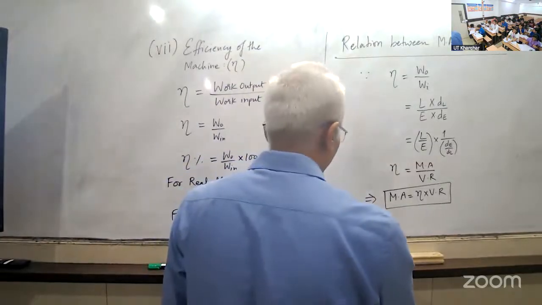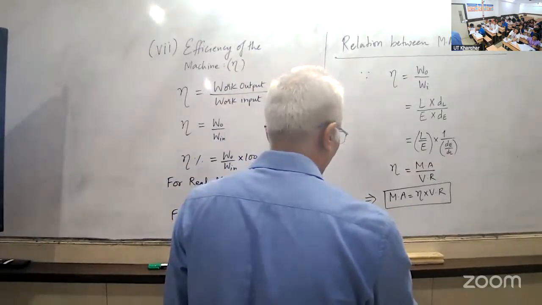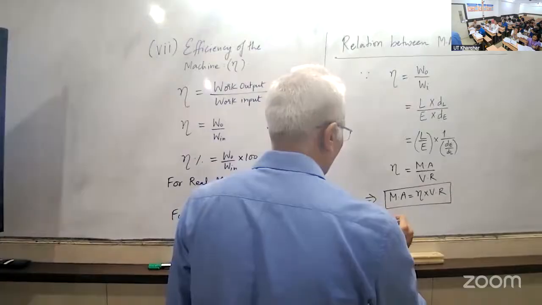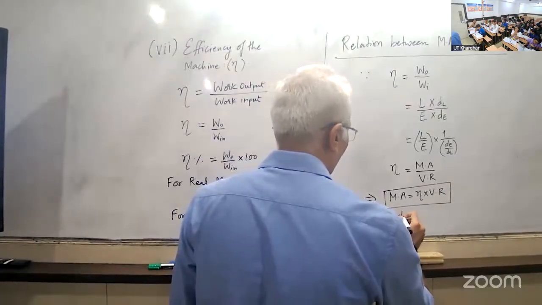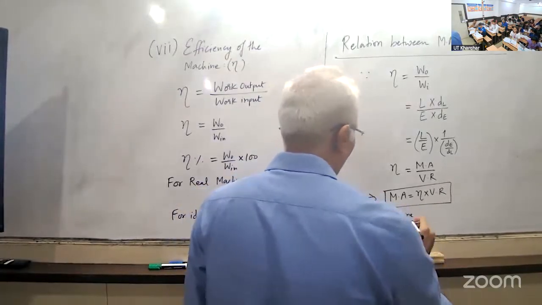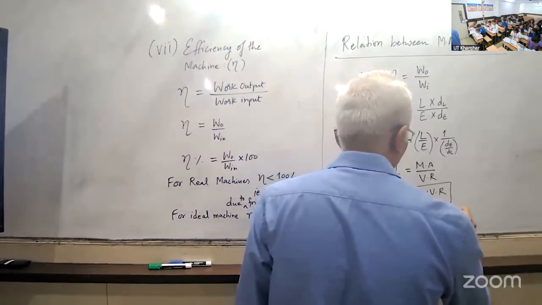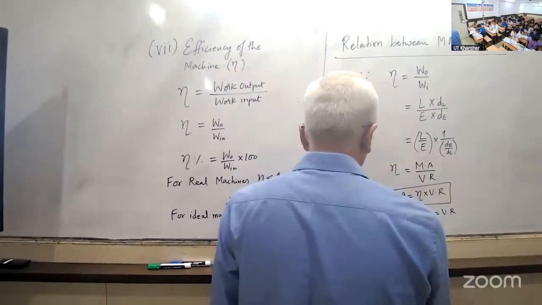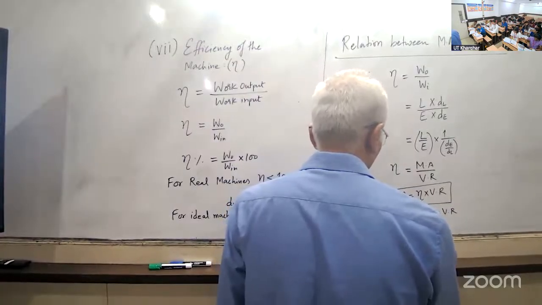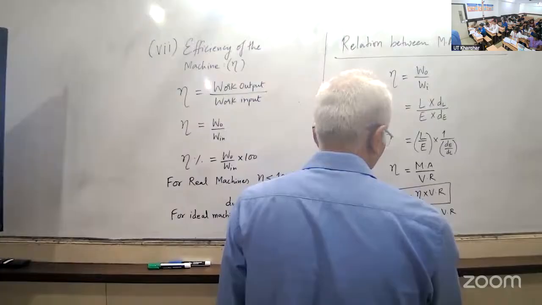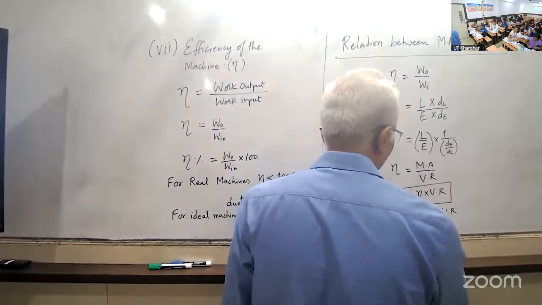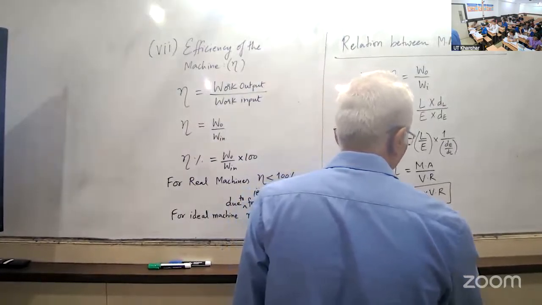So for ideal machine, MA is equal to VR. For real machines, MA will be less than VR.